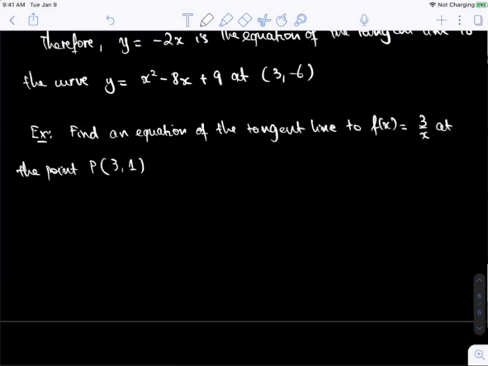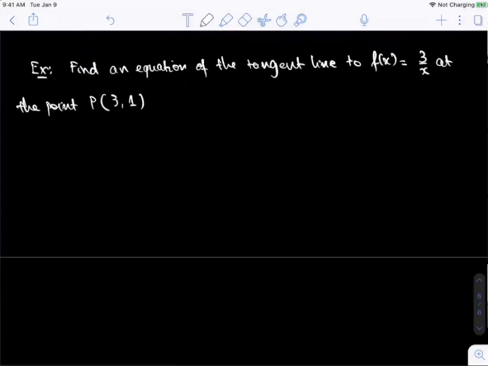So you have a point and you have a function. It's the same procedure, just a different function. First, in order to find the equation of a tangent line, you need the slope of the tangent line. And the slope can be calculated using the formula we've been talking about.